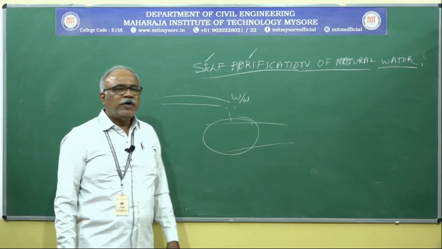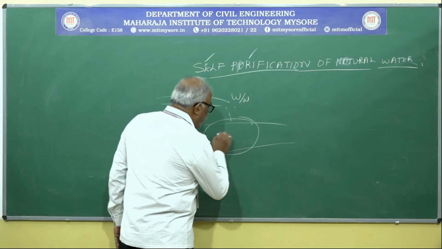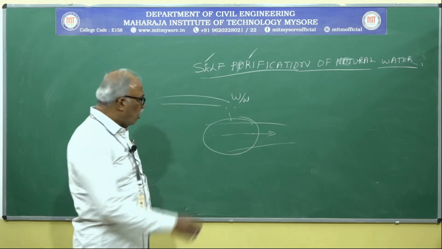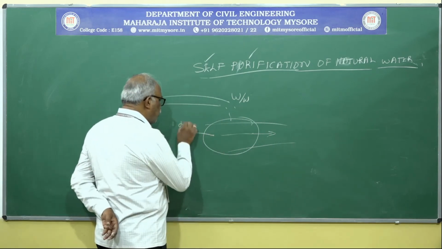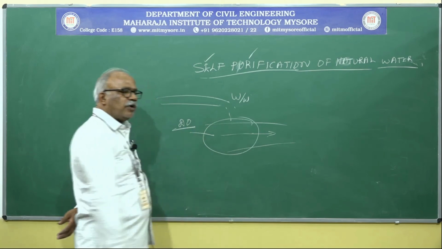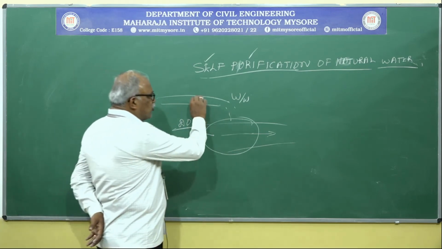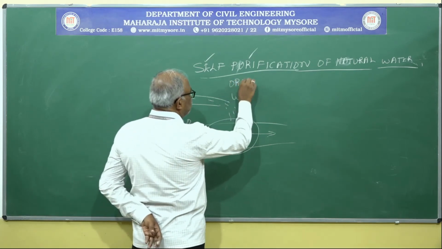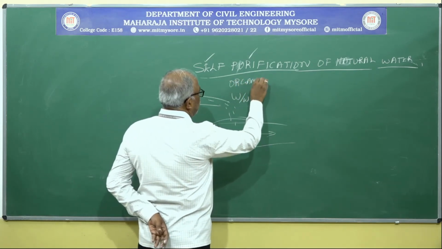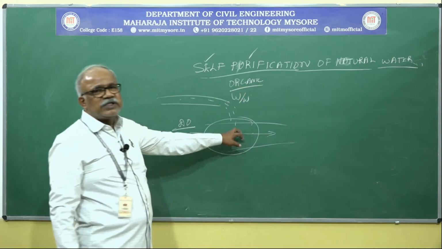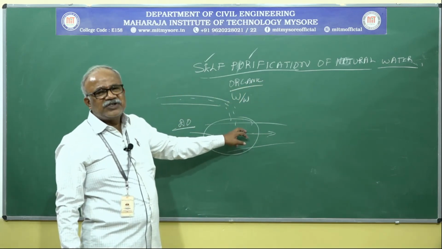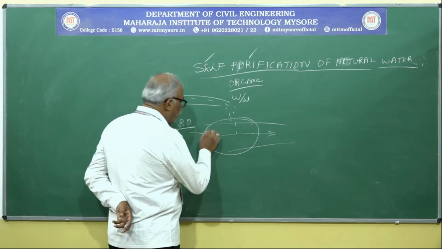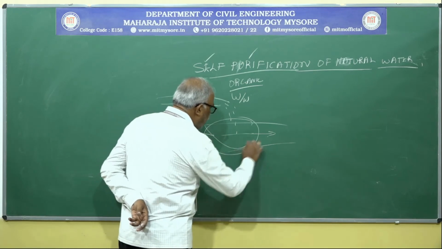I mean to say, in the natural stream or running stream, the DO concentration will be more. When we discharge organic wastewater into this natural stream, the DO concentration will go on reducing.